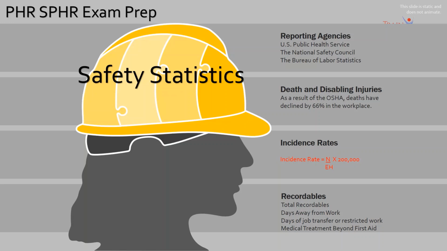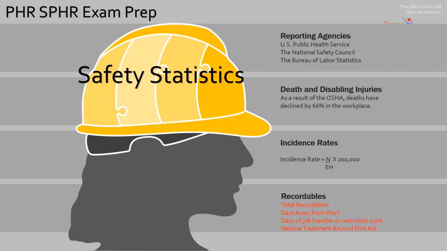Using this formula, the BLS computes 4 incident rates for each industry: total recordable cases, days away from work, days on job transfer or restricted work, and other recordable cases. Total recordable cases is a measure of accident frequency, that is, how often accidents occur.